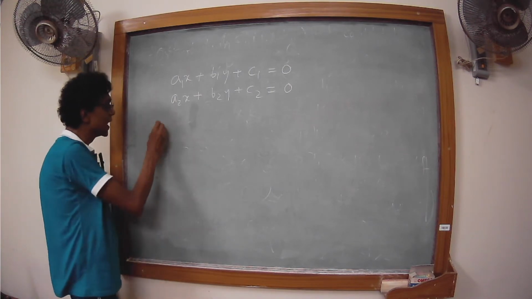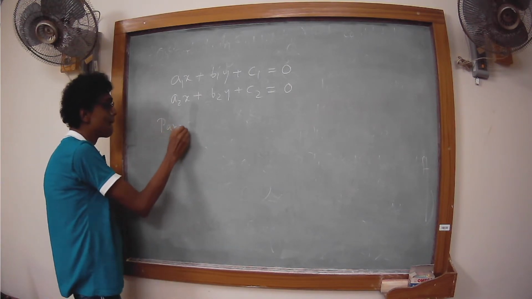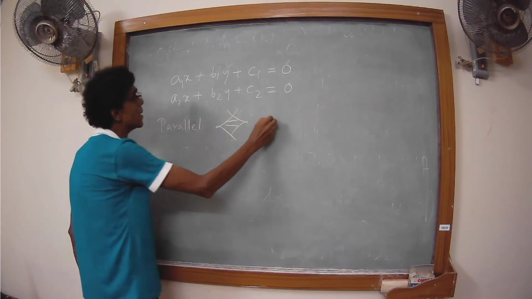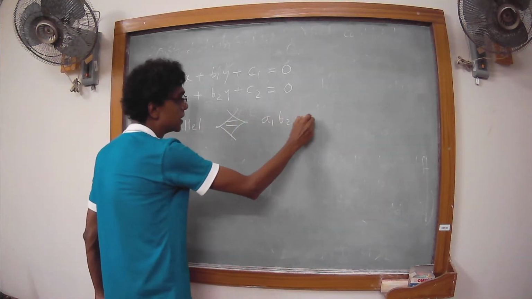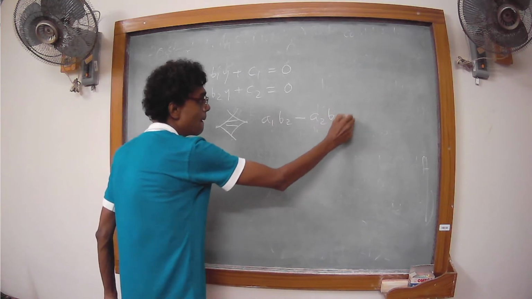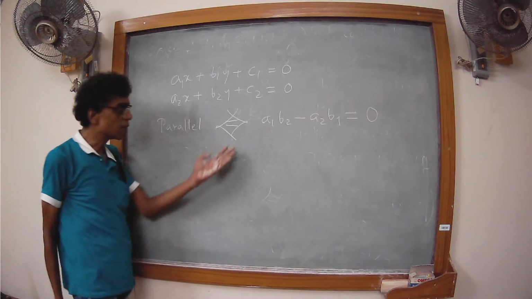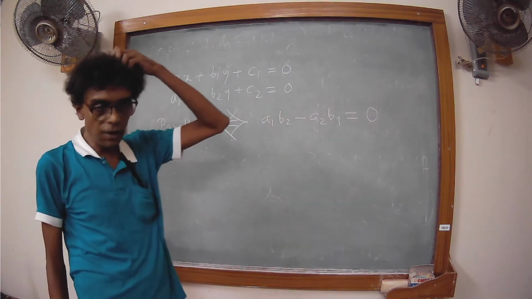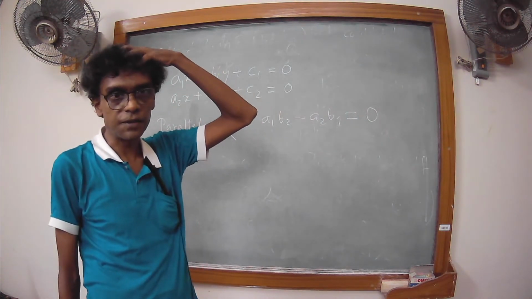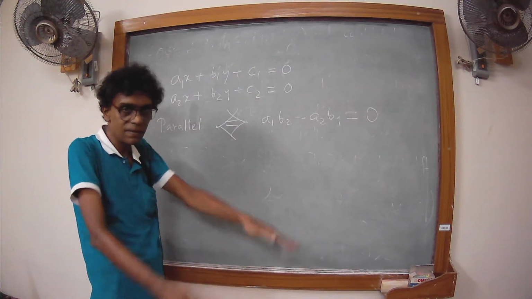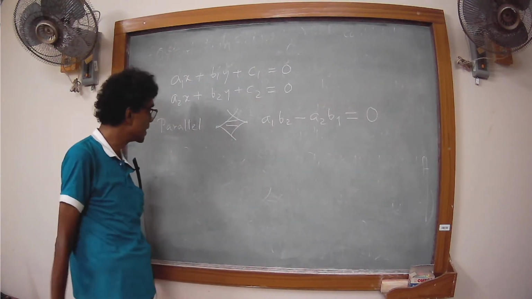And they are parallel if and only if A1 B2 minus A2 B1 equal to 0. Of course, if this equality holds, then you cannot compute the intersection point. They are either the same line or they are parallel lines. They do not intersect in the finite plane.